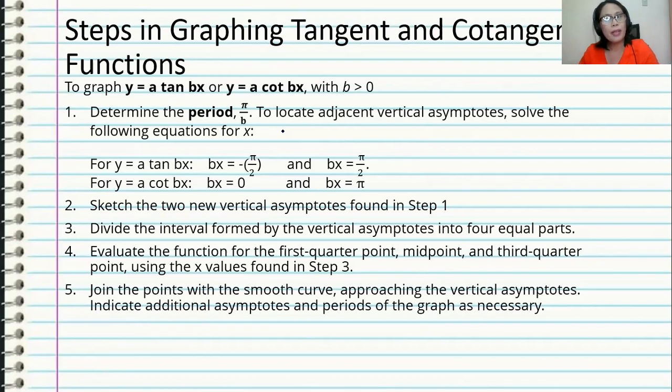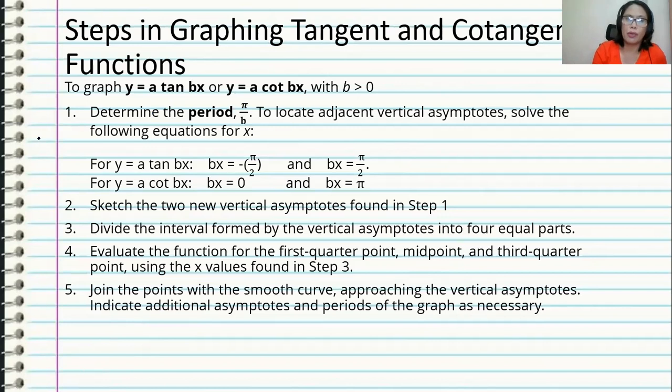Same as with secant and cosecant functions, tangent and cotangent functions also have vertical asymptotes. We need to locate them in order to initially sketch the graph over one period interval.